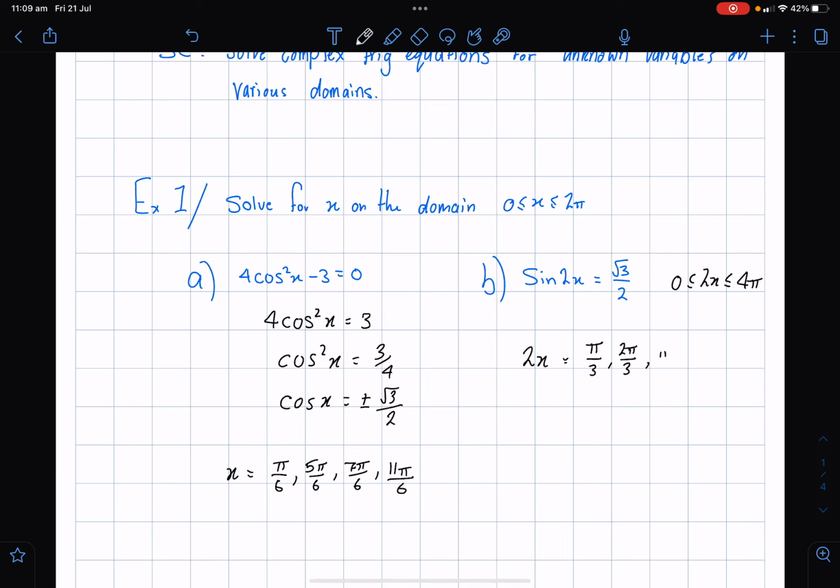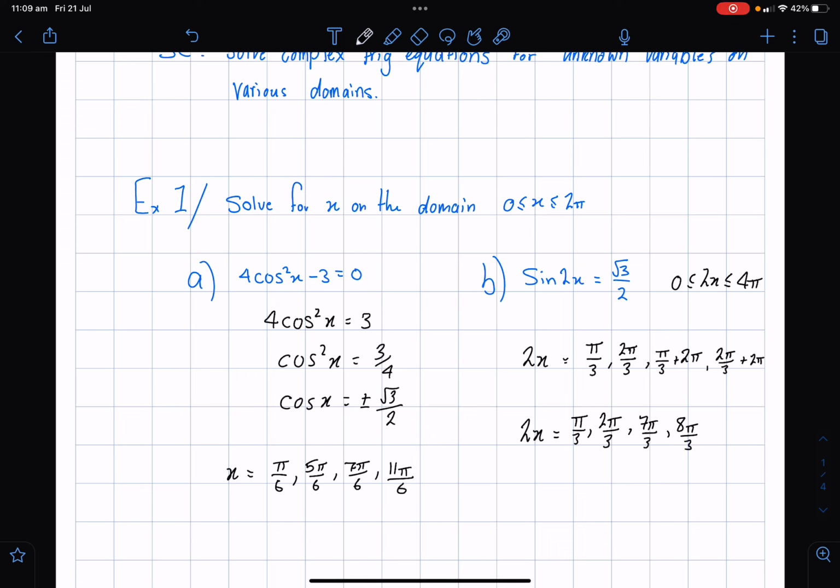So all I do is add 1 rotation to my current answers, so that is plus 2 pi. And now we're going to go through, simplify and solve for x. So I've got pi on 3, 2 pi on 3. Now pi on 3 plus 2 pi is 7 pi on 3, and then 2 pi on 3 plus 2 pi is 8 pi on 3.